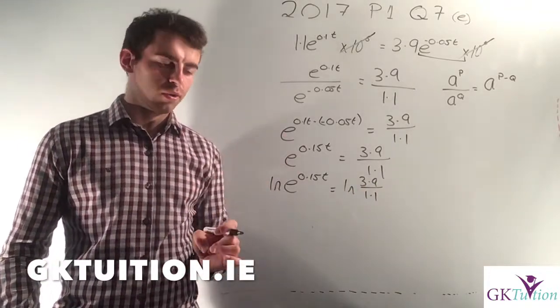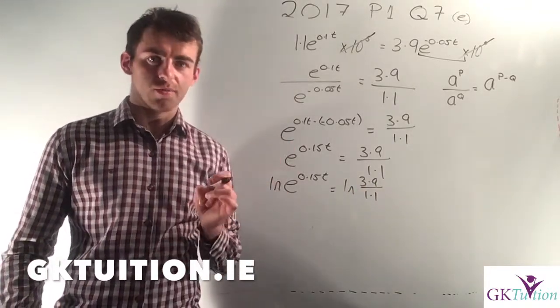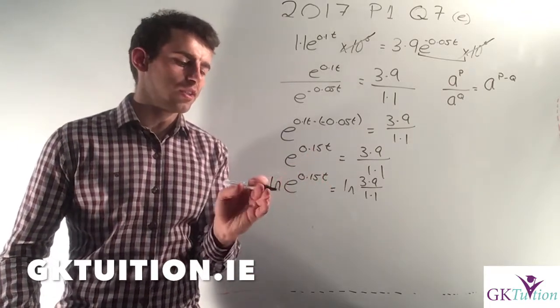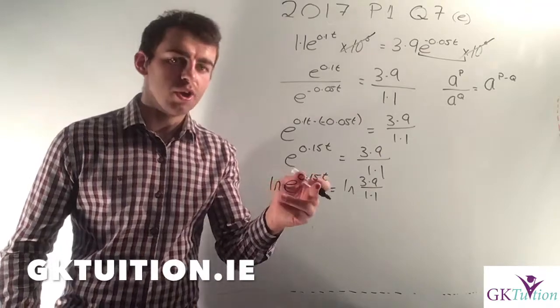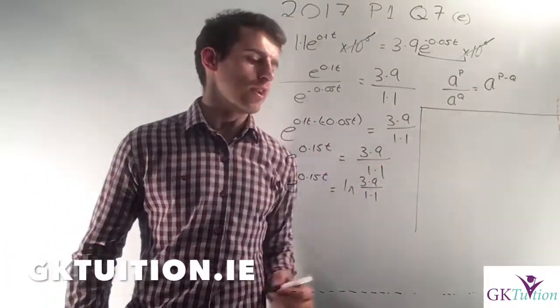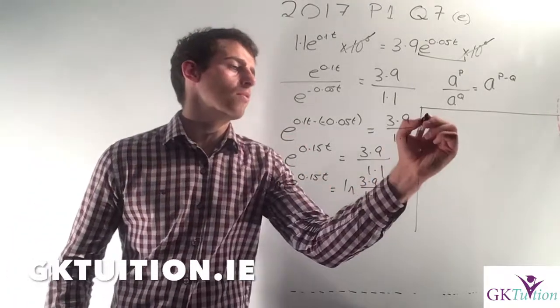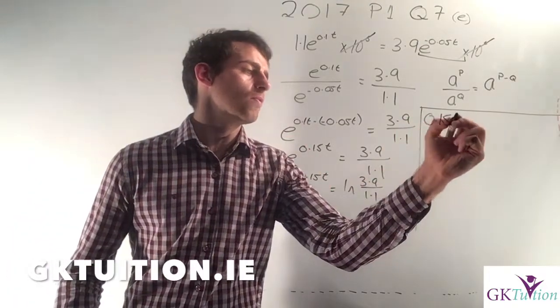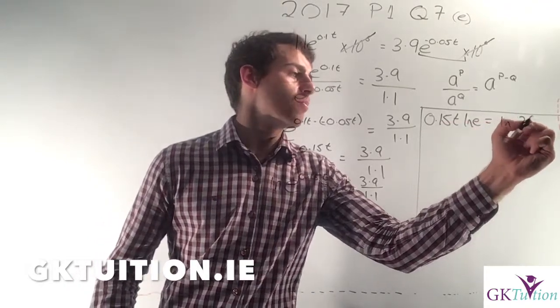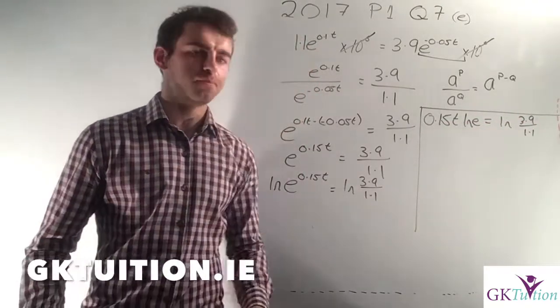Now I can use my rules of logs. So again, your rules of logs are on page 21 in your log tables. And the third rule of logs says that if you've log of something to a power, you can just bring the power in front. So let's continue this one over here. So all I have to do is bring my power in front. So it's 0.15t times ln e is equal to ln 3.9 over 1.1.